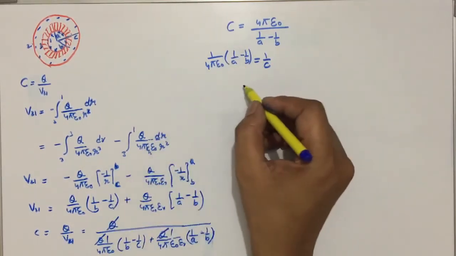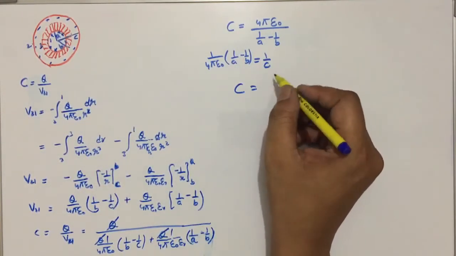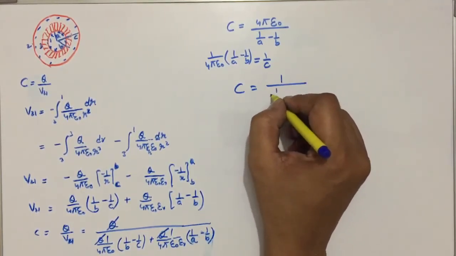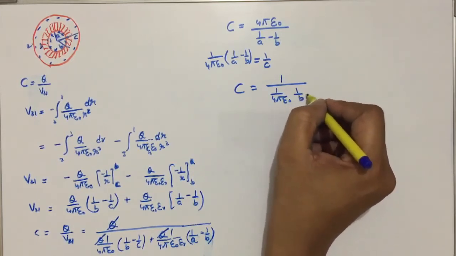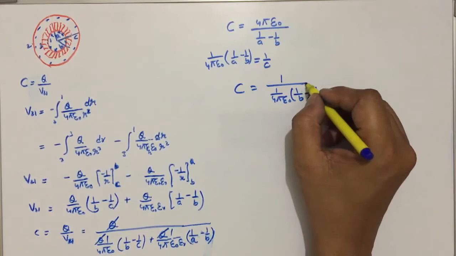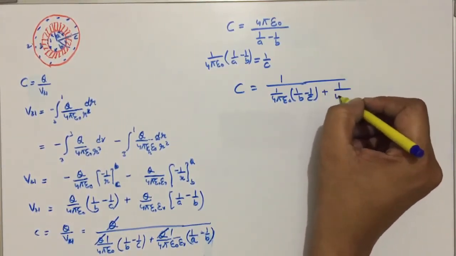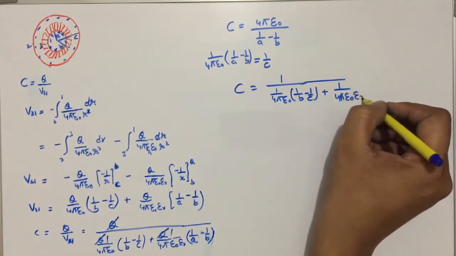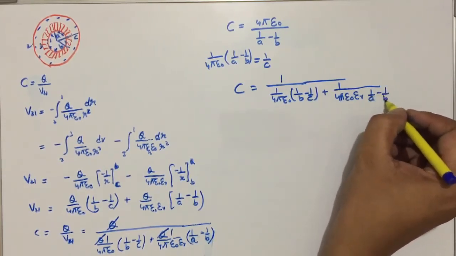Similarly, C in the case of this type of arrangement can be written as 1 by 4 pi epsilon naught, 1 by b minus 1 by c, plus 1 by 4 pi epsilon naught epsilon r, 1 by a minus 1 by b.